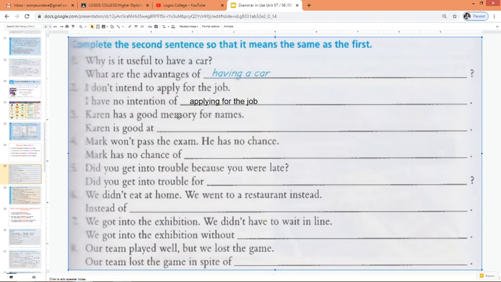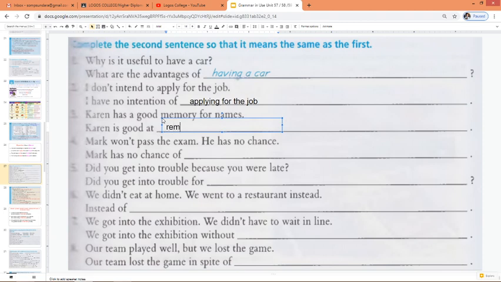All right, so if she has a good memory, that means she's good at remembering things. She can remember things. Karen is good at remembering names. So at is your preposition, remember is your verb, and remembering is your gerund.